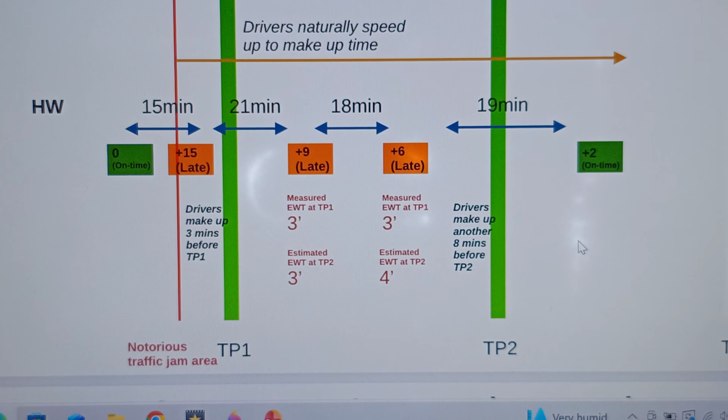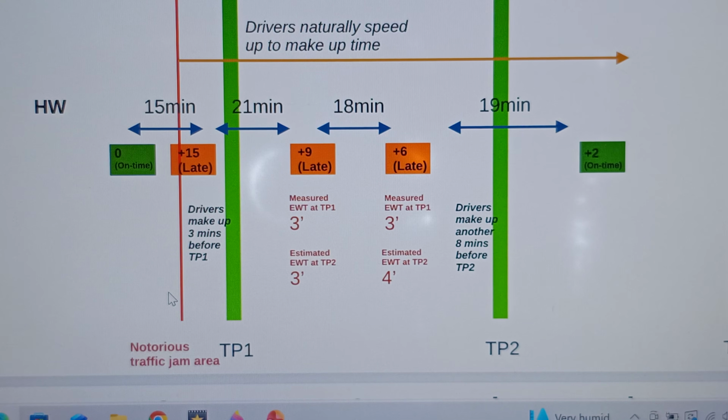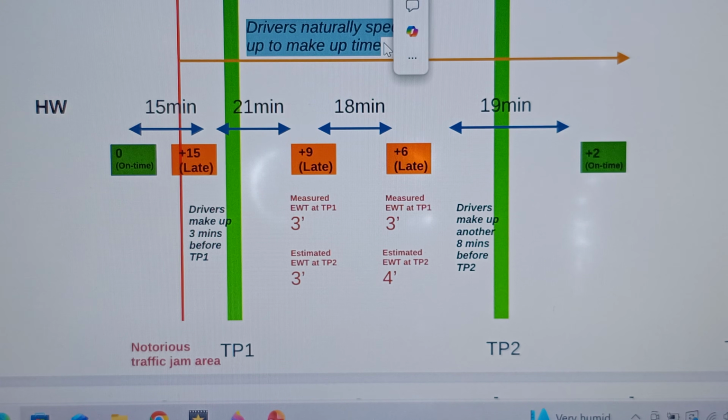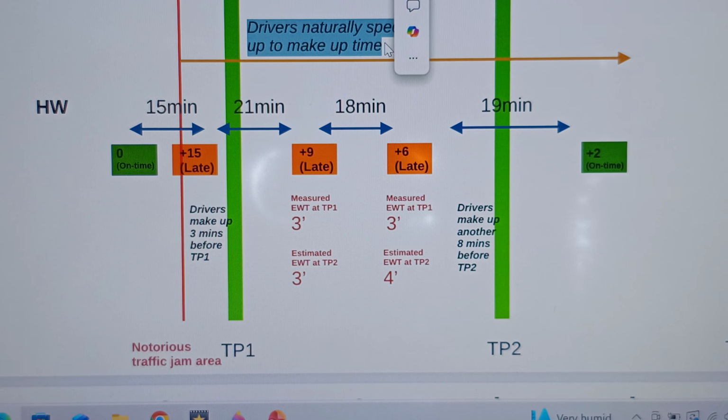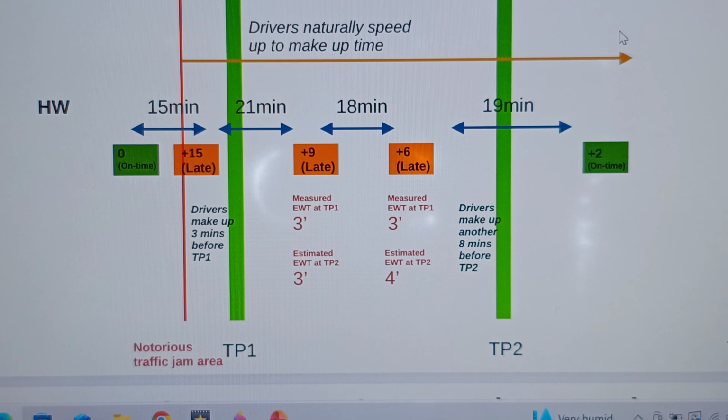But basically, the whole concept is that when the bus drivers become late, they would think, oh, I need to catch up, right? So they would naturally speed up. This is basically how bus services were operated in the past without enforcement. There was no bus service reliability framework back then. Some bus drivers tend to be faster, some tend to be slower.